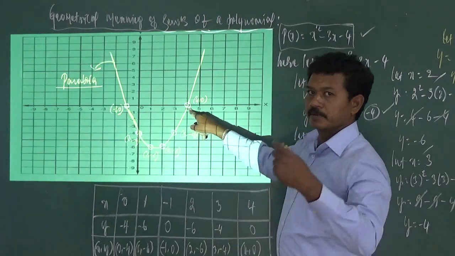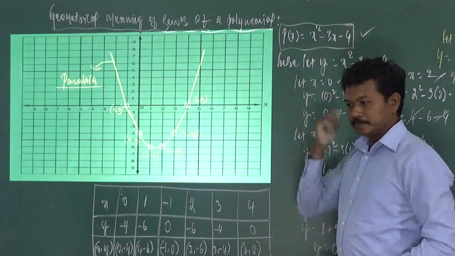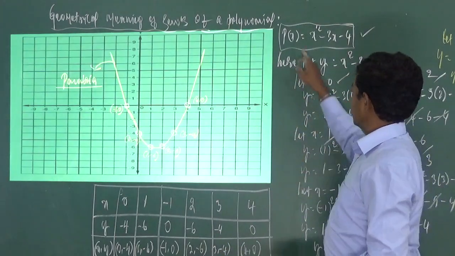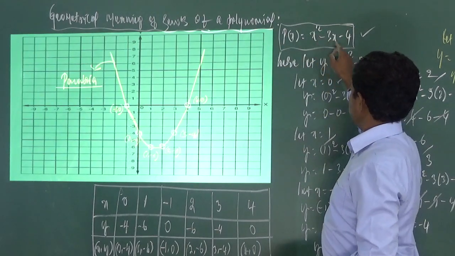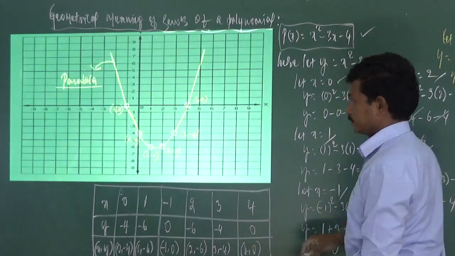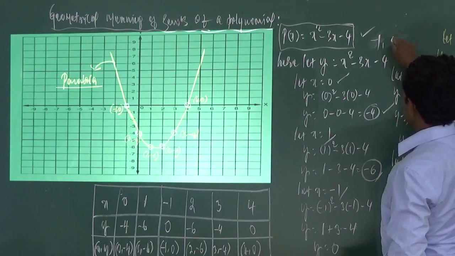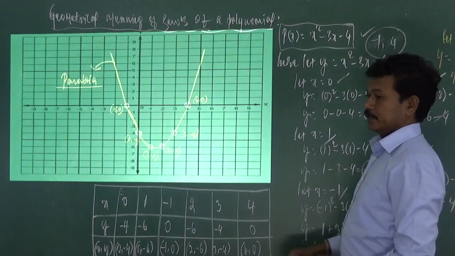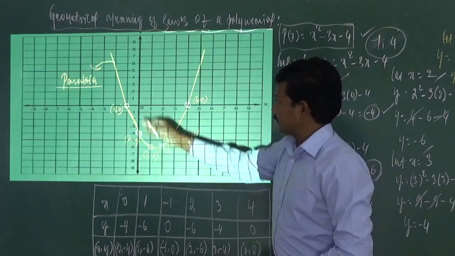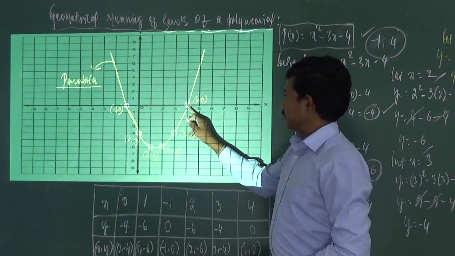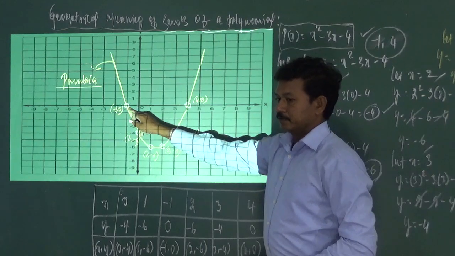So I hope you can remember the last problem we had done. What were the zeros of this quadratic polynomial x square minus 3x minus 4? It was minus 1 and 4. These were the 2 zeros. So here the parabolic curve cuts the x-axis at 2 distinct points, right?